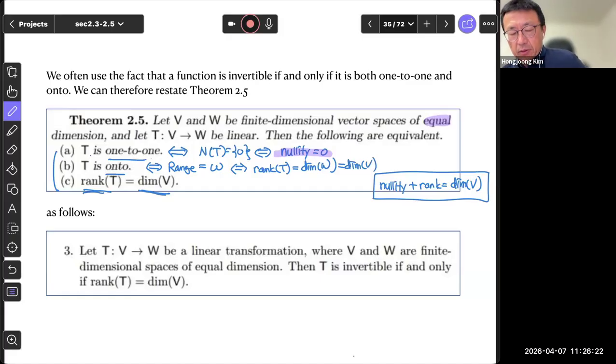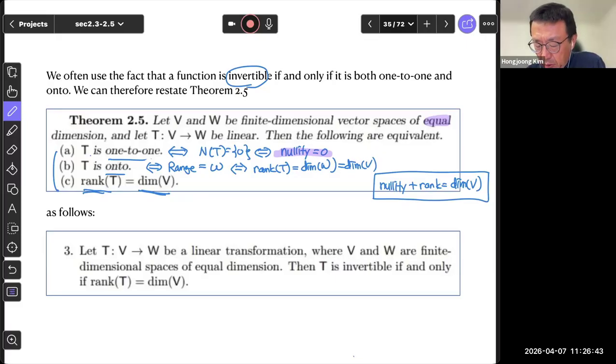And we know that a function will be invertible if the mapping is one-to-one and onto. Okay? Then by theorem 2.5, we have the following fact.